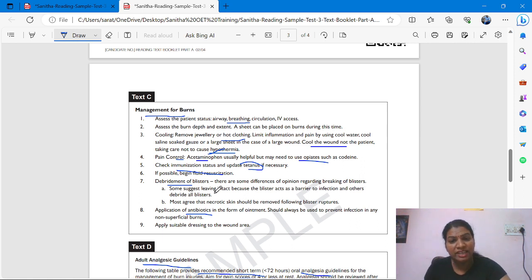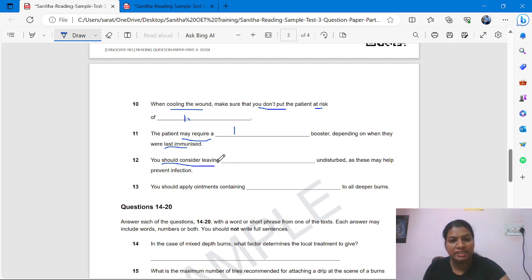Some suggest leaving them intact because the blister acts as a barrier to infection and other debris. What is the question? You should consider leaving blisters undisturbed. What is the answer here? Blisters. You should consider leaving blisters undisturbed, as these may help prevent infection.